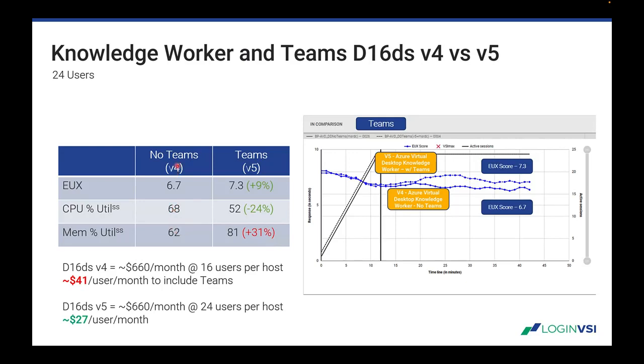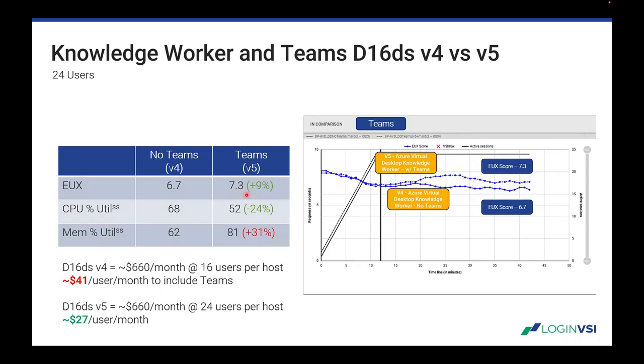Now, what happens when we take that v4 session host and upgrade it to a v5? Well, first of all, you can see with more system resources, because of this next generation processing platform, the end user experience score is obviously higher. But even when we include Teams with the knowledge worker, it's still higher, which is great news.